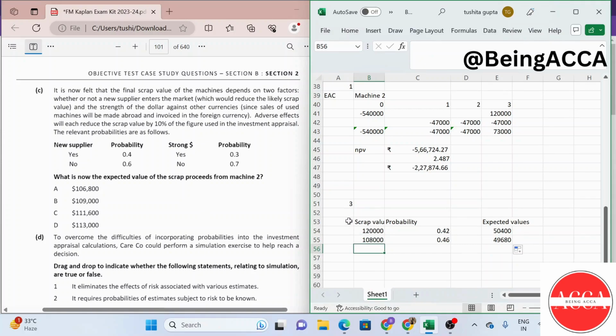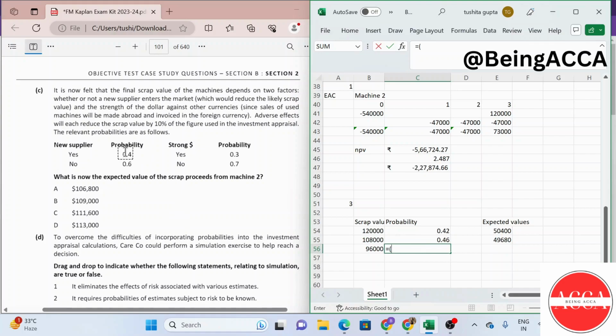Now let's assume both of these possibilities go against our favor. There is a new supplier and the dollar also becomes strong. So what will happen then? The scrap value will reduce by 10% more. So this will become 80% of this. So what will be the probability in that case?